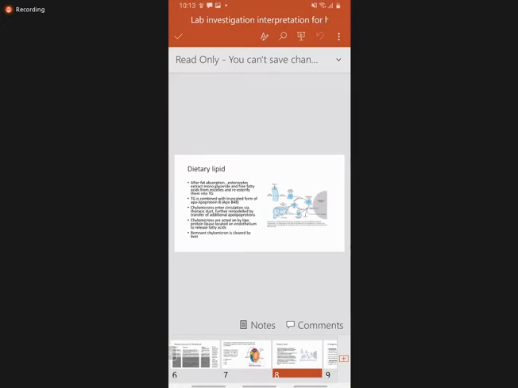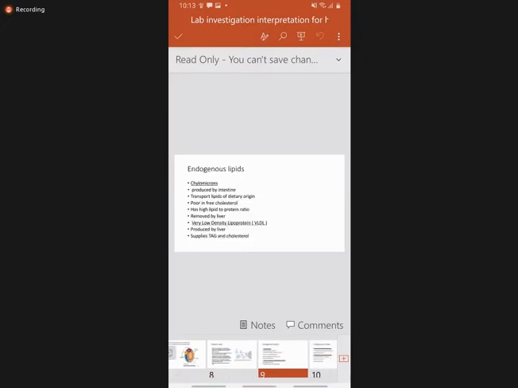Triglycerides are again attached with the apolipoprotein B48. This is attached with the chylomicrons, and when these are circulated, they are acted on by the lipoprotein lipase, which causes the release of the fatty acids, and the remnant chylomicron is then cleared by the liver. Okay, this is the whole procedure. Now the endogenous lipids. These are the lipids other than those which we took in the dietary form.